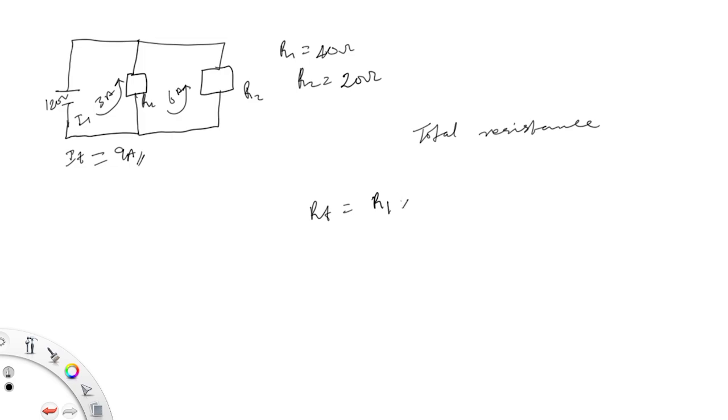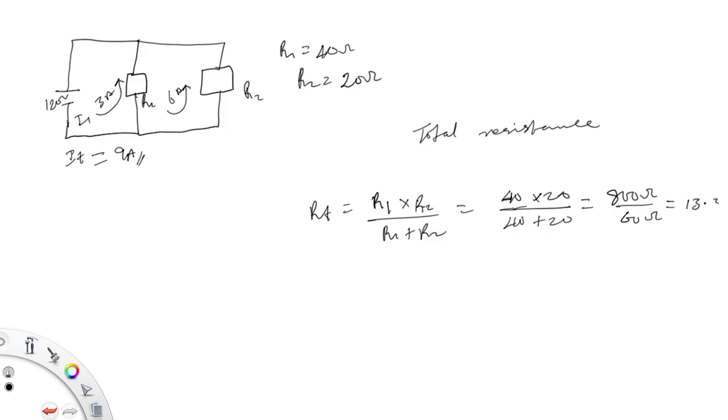So R1 times R2 all over R1 plus R2, which is equal to 40 ohms times 20 ohms all over 40 ohms plus 20 ohms, which is equal to 800 ohms over 60 ohms, which is equal to 13.33 ohms. That unit has to be there.